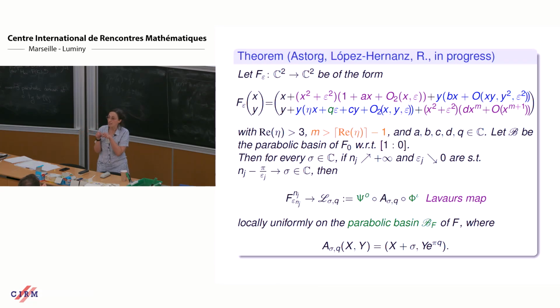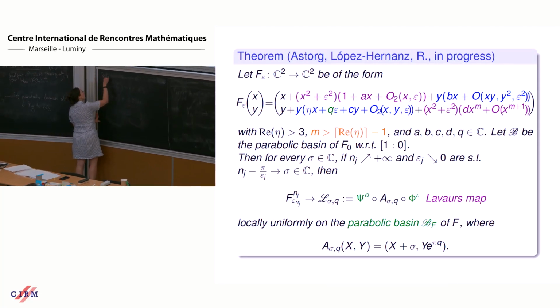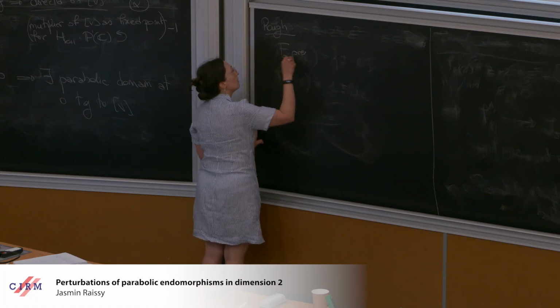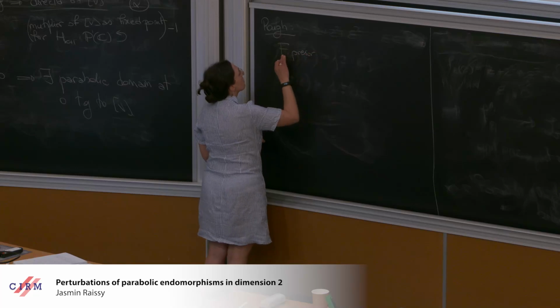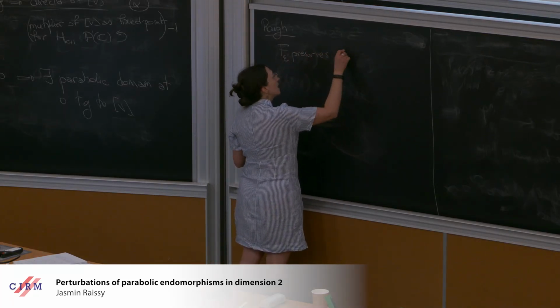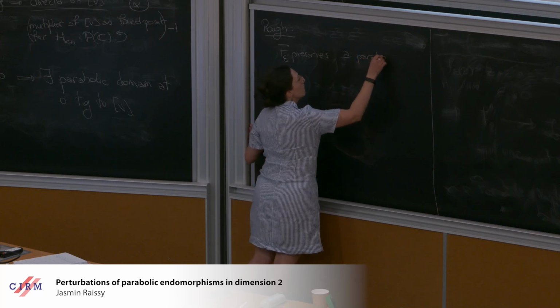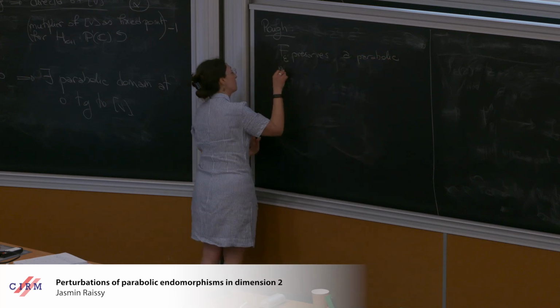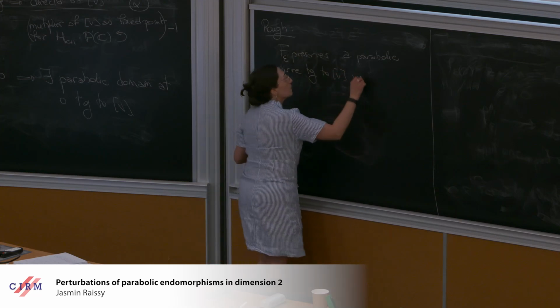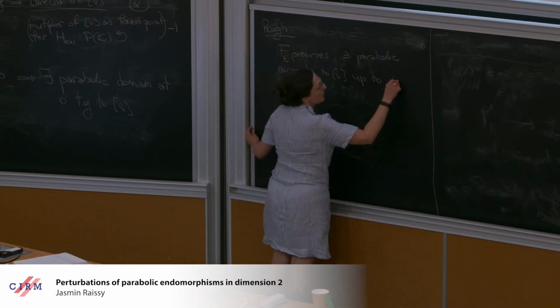So what we need to ask to take care of the second coordinate is that, roughly, f epsilon preserves a parabolic curve tangent to v up to big enough order.